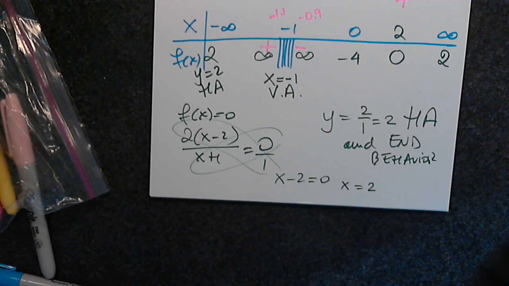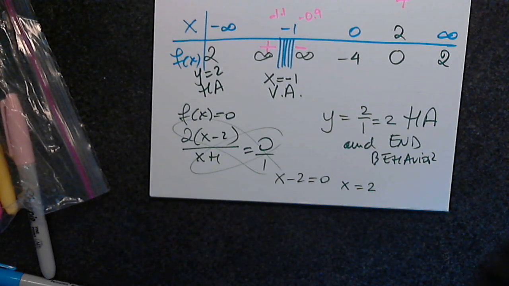This is what I see here. On this side, from negative infinity, crossing the y-axis at 0, -4, crossing the x-axis at 2, 0, and approaching 2.